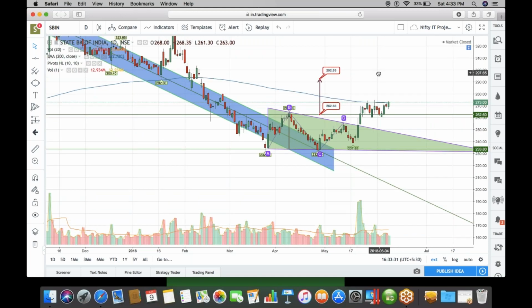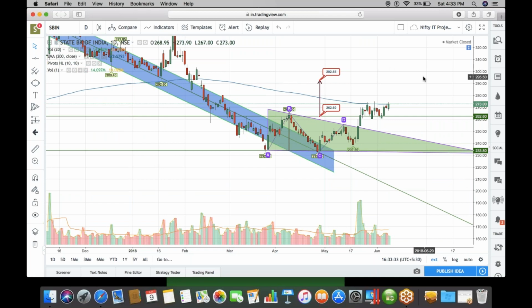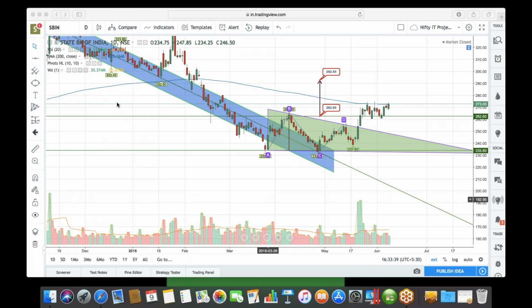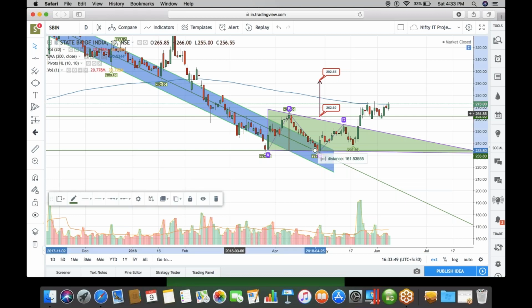I have minimized the indicators, that is not needed actually. Now see this action. This is the State Bank of India daily chart. This is March. Price is hovering somewhere around 264.